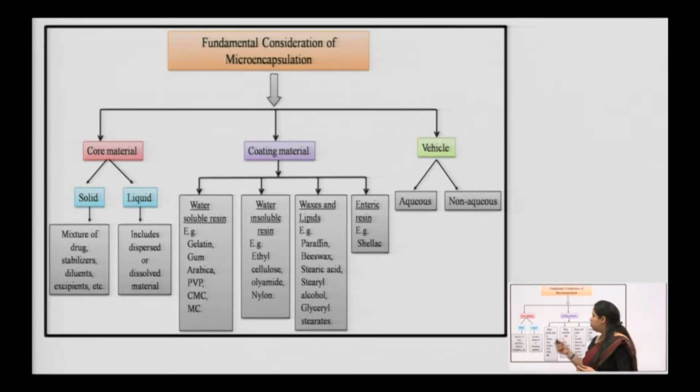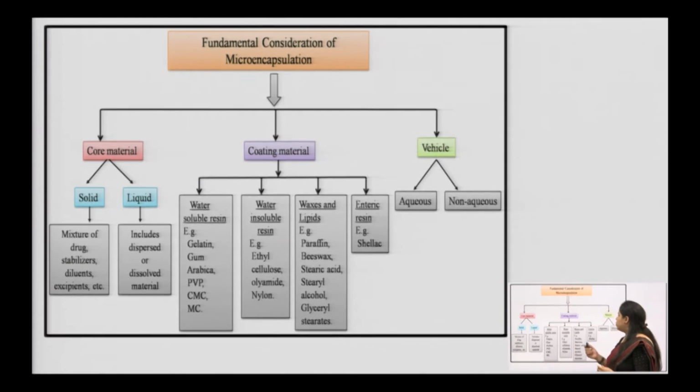In solid form we can use a mixture of drug, stabilizers, diluents, excipients, etc. In liquid form, either we can use the suspension form of the drug candidate, or the solution form. Suspension or emulsion form is like two separate immiscible phases, but one phase is dispersed into the other phase, and in solution the drug is solubilized in the system and we can use it directly to encapsulate within the polymer shell.